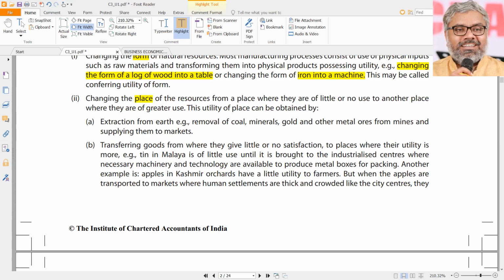Somewhere far away, somewhere where there were iron ore mines, it was taken out, polished, processed, melted, transformed into some other form. How many states, how many districts, how many countries it has crossed, we cannot even imagine. And ultimately it is useful to us just at one place where we are sitting.